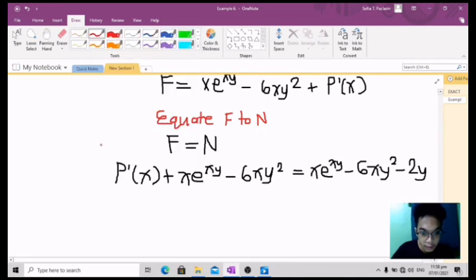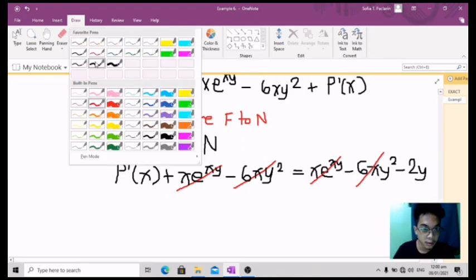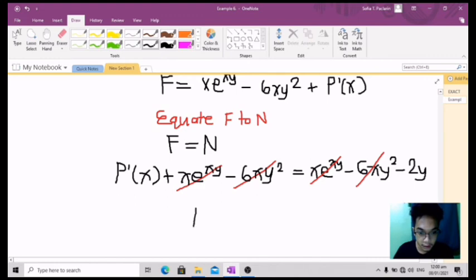So we're going to cancel xe raised to xy and negative 6xy squared. So we're going to obtain p prime of y is equal to negative 2y.